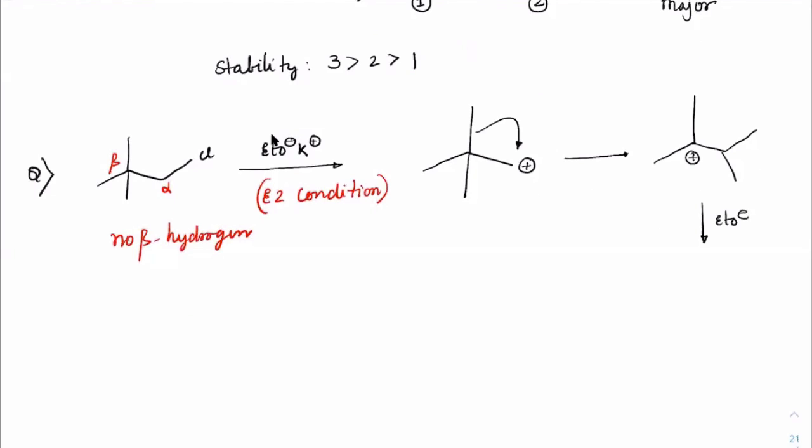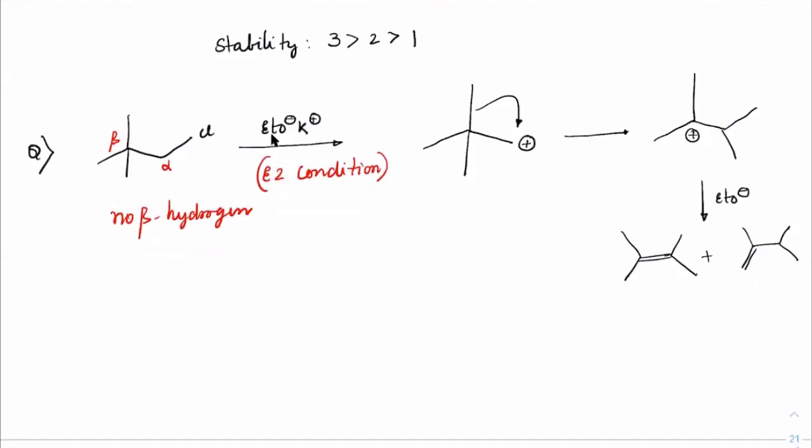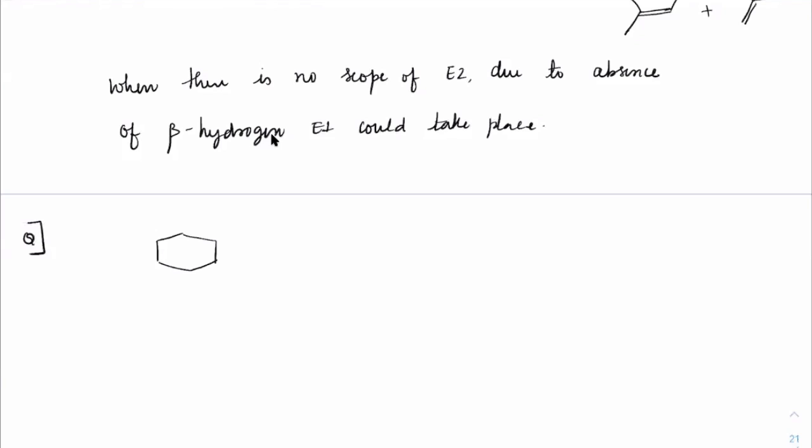So EtO minus makes an elimination, and we will get two products. So just mention that when there is no scope of E2 due to absence of beta hydrogen, if we have Cl here, let's treat that with EtOH, so I can get this double bond here, and this can go via the E1 mechanism.